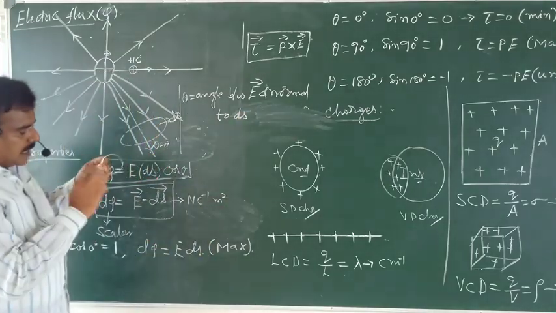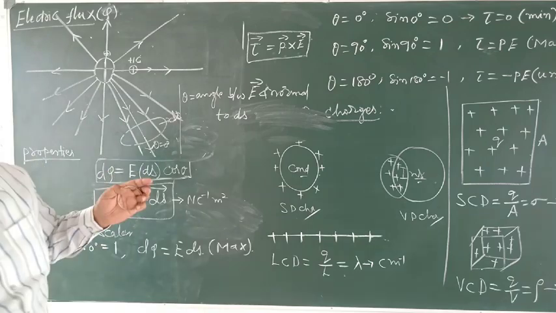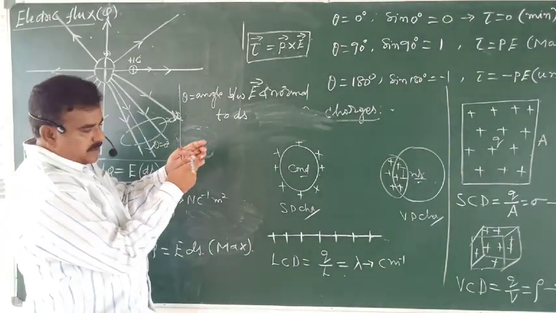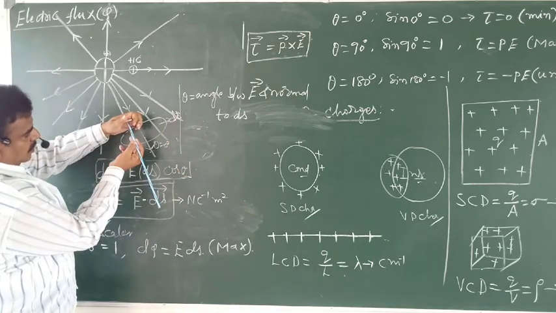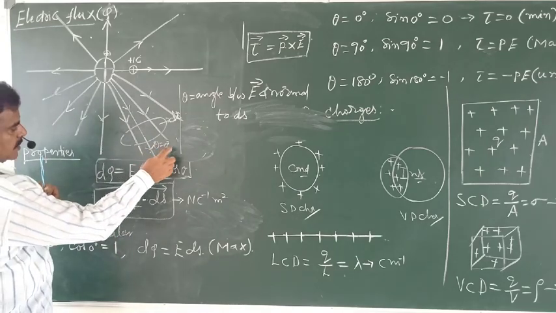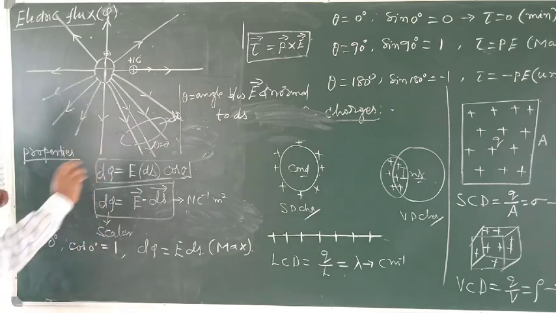If this is the area, the normal will be like this. The electric field is also like that, and the normal is also like that. That is why theta is 0 degree. When theta is 0 degree, flux is maximum.